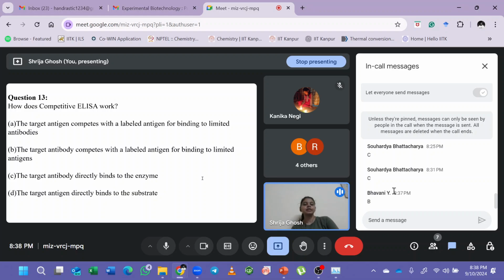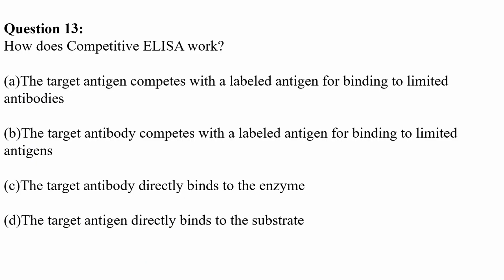Come on, try to answer it at least. Okay. So the correct answer here is actually option A. The target antigen competes with the labeled antigen for binding to limited antibodies.